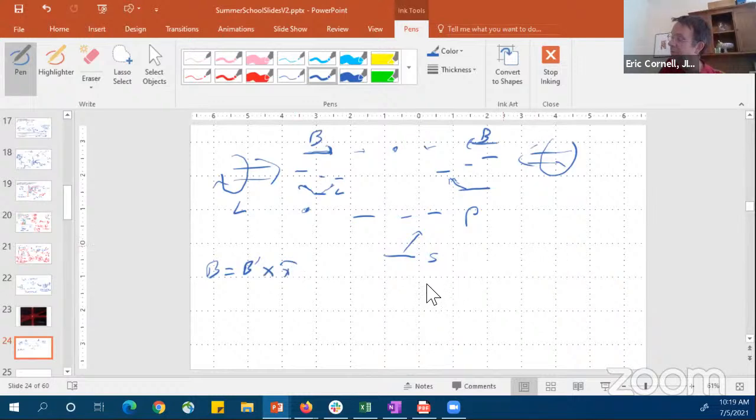So you end up getting a force which is proportional both to the position and to the velocity. I was calling this K before, so we'll call that kappa. So this looks like a damped harmonic oscillator.